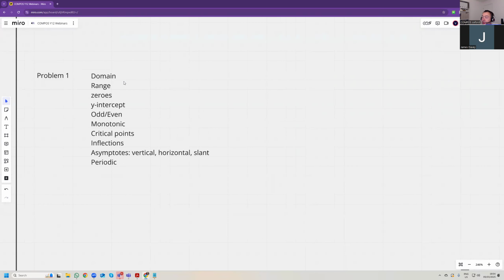The domain, you want to know the domain of the function, so the possible x values, the range, the possible y values, the zeros of the function, the y-intercept, the odd even. So let's try to demonstrate that.